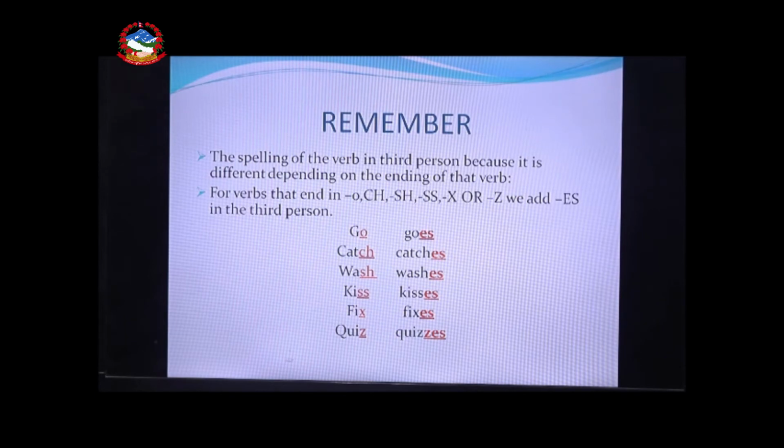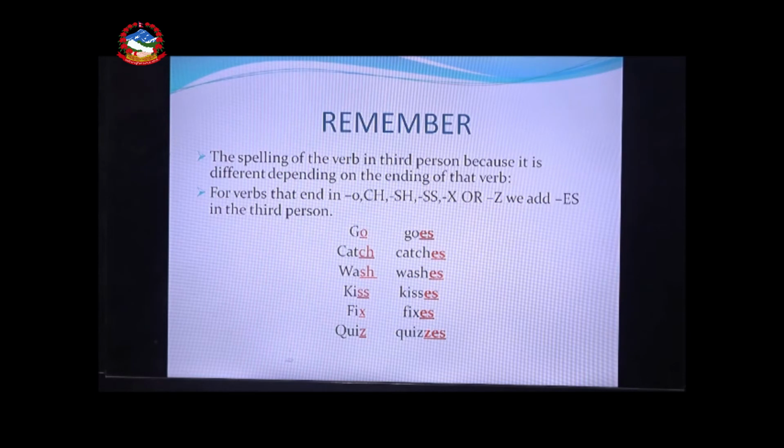Wash, SH. The last letters are SH here. Then, while we are making verb 5, we add ES to the word wash, WASH, wash plus ES, washes.